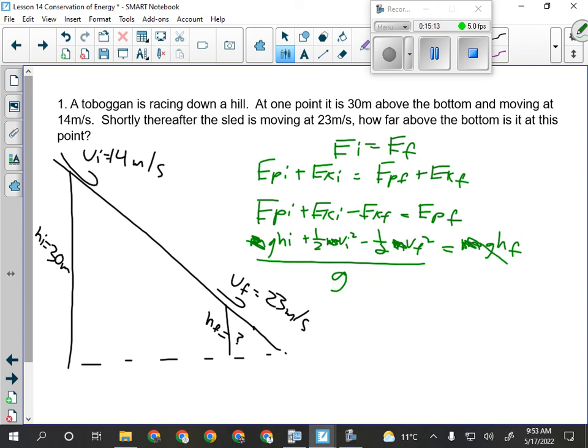Now I can plug in my numbers. So 9.81 times 30 plus 1/2 times 14 squared minus 1/2 times 23 squared, divided by 9.81, will give me my final height.